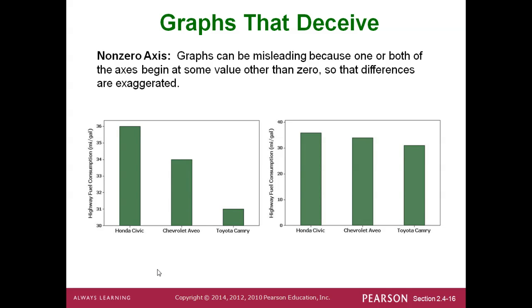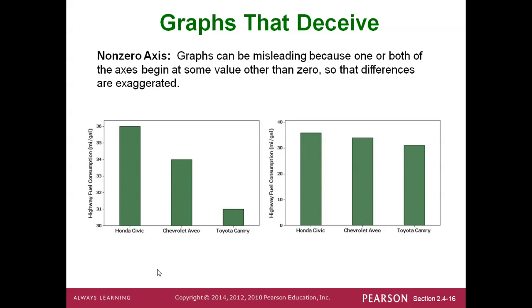So here they've used a non-zero axis, and here they started at 30 and went up to 36. Here we started at 0 and went up to 40 because we didn't have any data over 40, right? So they made it look like the Toyota Camry is really a bad car compared to the Honda Civic, when whatever the highway fuel consumption, the Civic is 36.